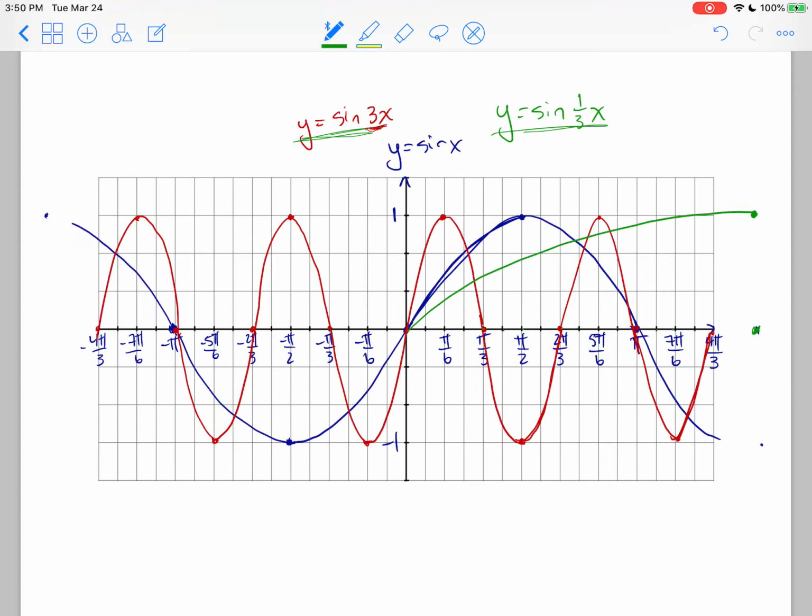So it's actually going to be way over here. I shouldn't go past 1 until I get there. I should hit 1, and then down here is where it would hit -1. So you can see the green graph is incredibly stretched, which makes sense because it has a period of 6 pi instead.